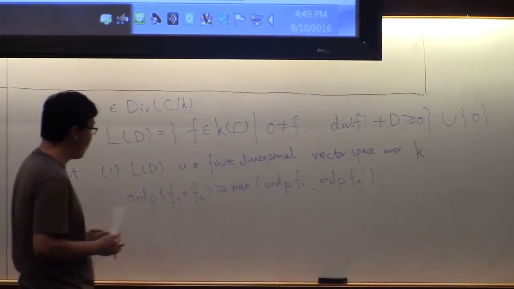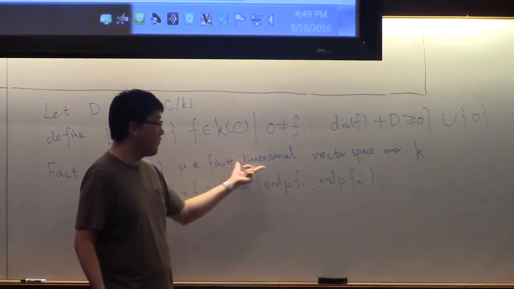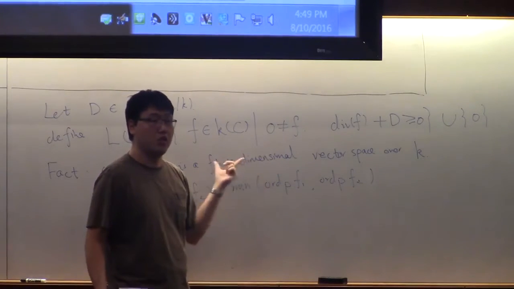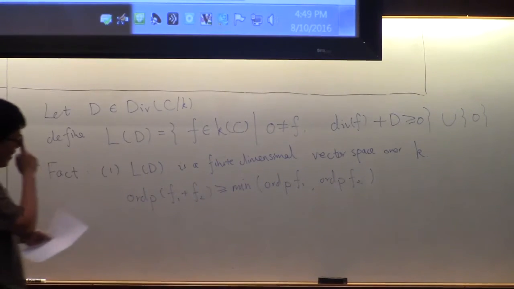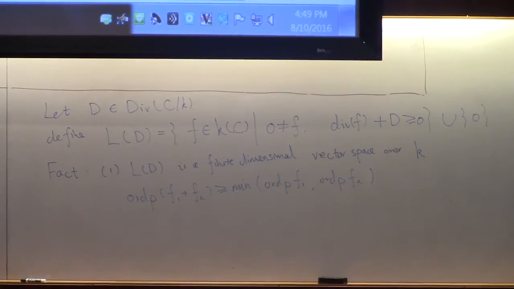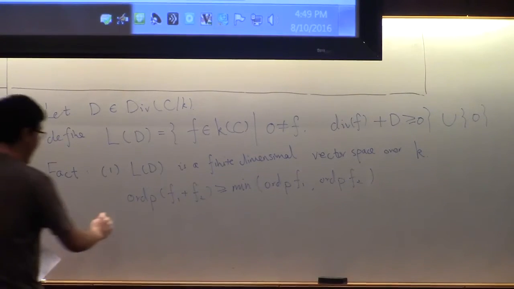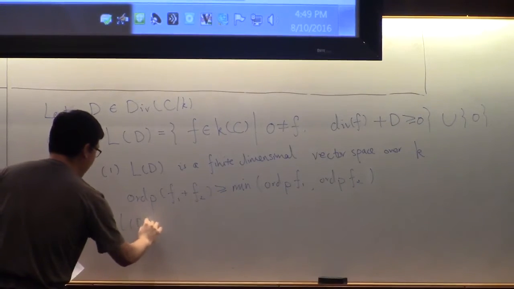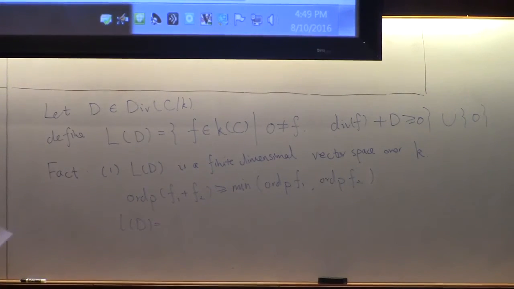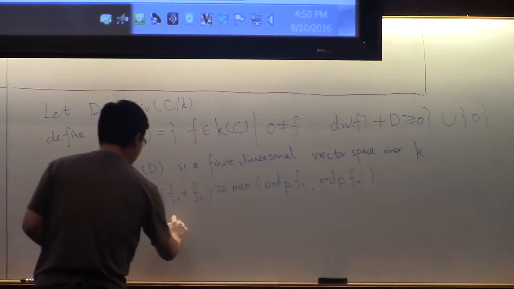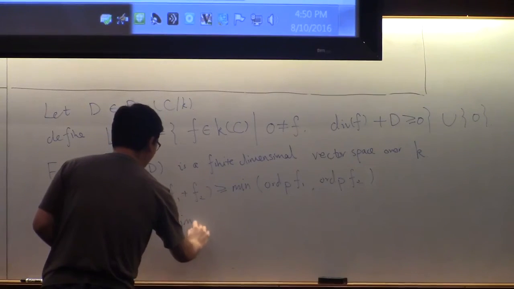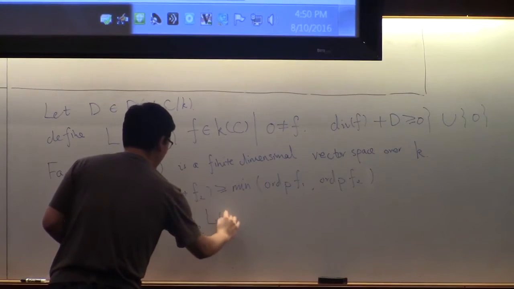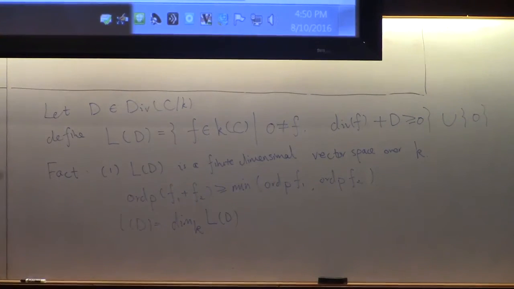Probably the more non-trivial thing is that this vector space has finite dimension, but this is a result you can show by algebraic geometry. Today I cannot give a proof of that. So you just assume the fact that this is a finite dimensional vector space, and its dimension over K is denoted by small l(D). Okay?